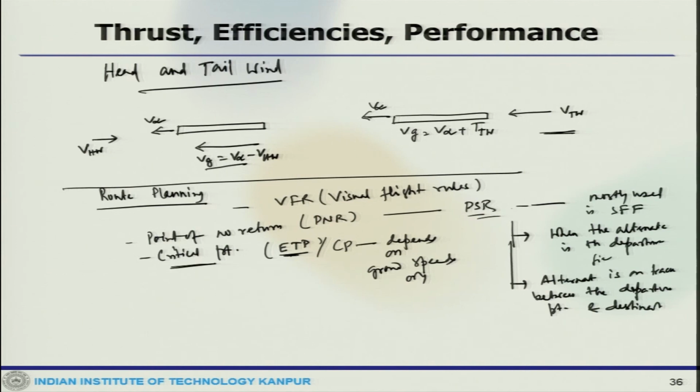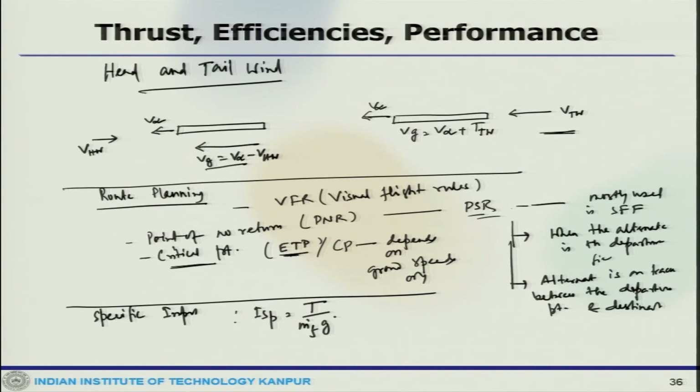And the other one is called the specific impulse. Specific impulse is defined as ISP, which is thrust per fuel flow rate. The quantity enters directly into the calculation of the fractional weight change of the aircraft during flight.